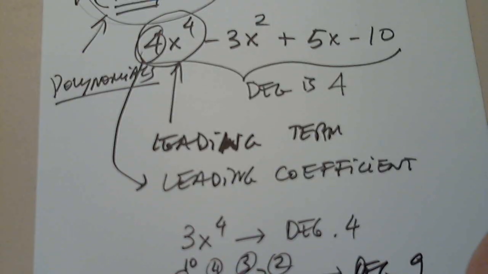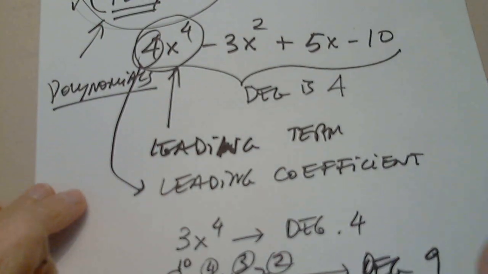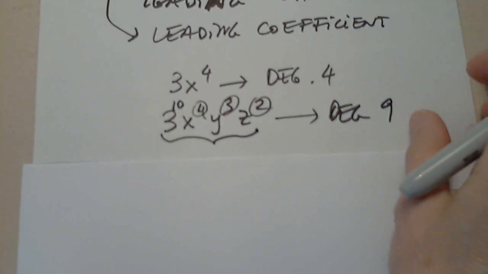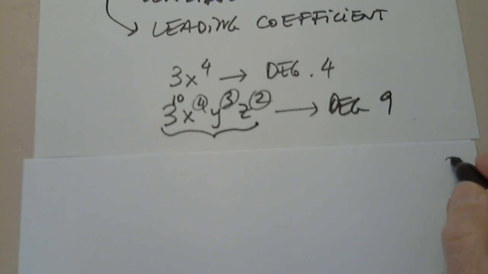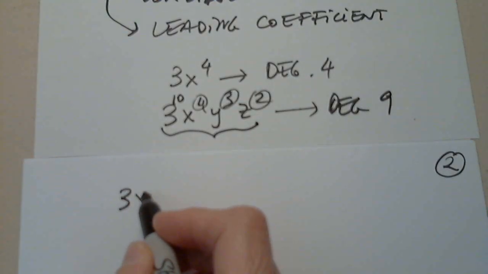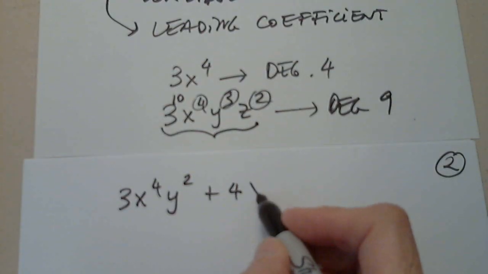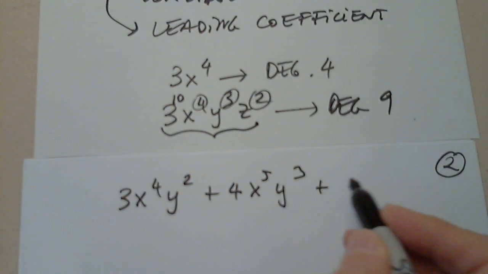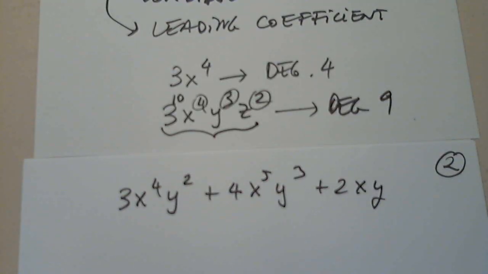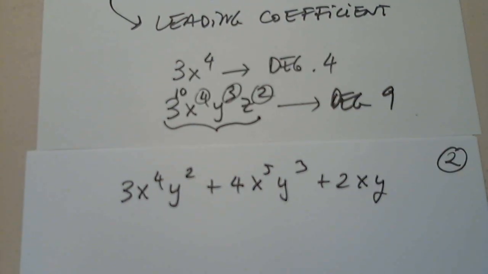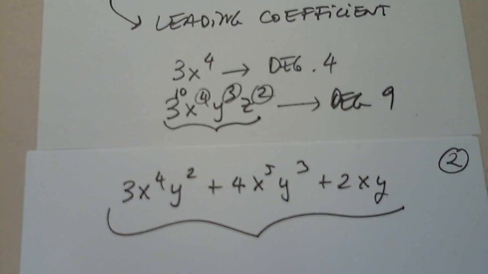If it's in one monomial, what if I have a combination? Let's say I have a binomial, like 3x to the fourth, y cubed squared plus 4x to the fifth, y to the third plus 2xy. What if I have something like this? Then how do I determine the degree?